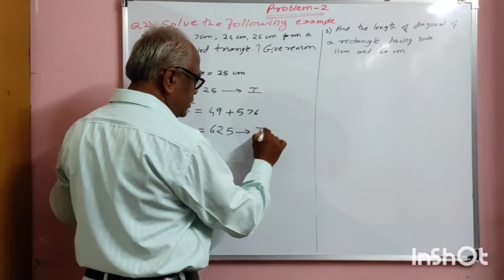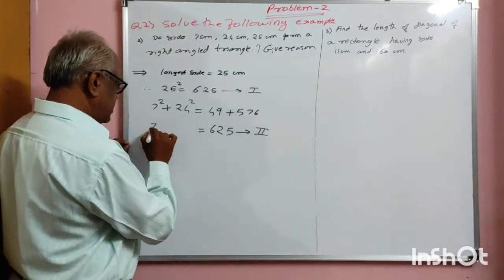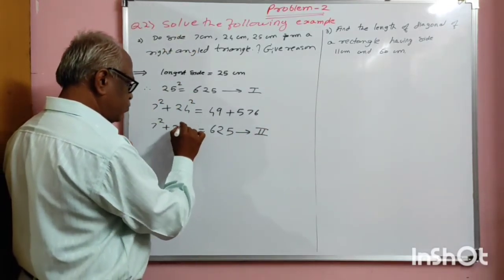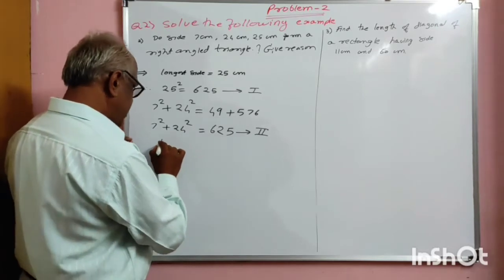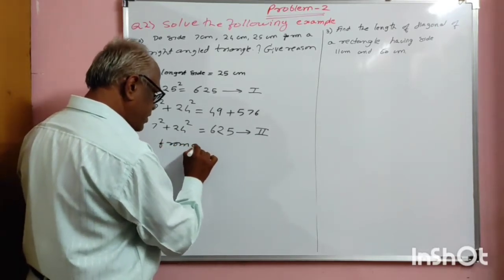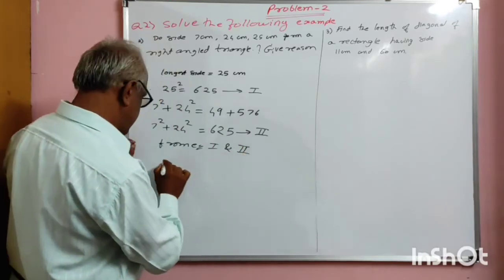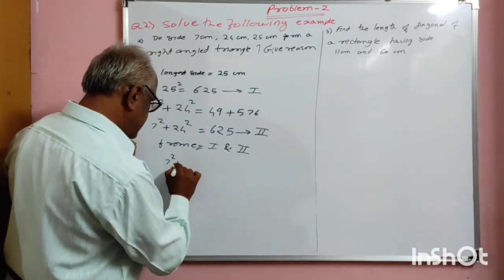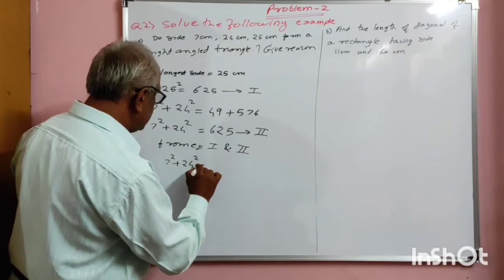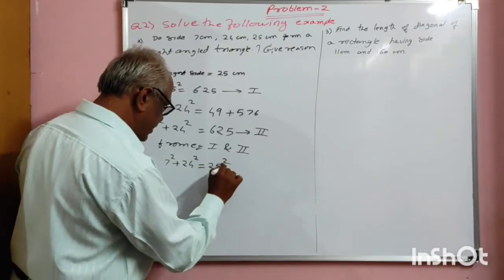This is equation number 2. So 7 square plus 24 square, we got 625. From equations 1 and 2 we can say that 7 square plus 24 square is equal to 25 square.